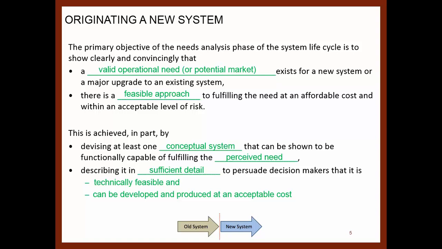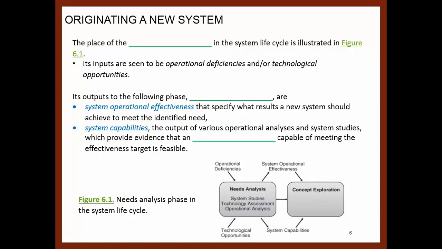You're trying to convince your customer or your boss or the person who's trying to fund this idea that this is something that you can create. There's technology, you have the knowledge to create this. And you can create this at the acceptable cost. And that could be any figure depending on the application that you're looking at. So in that way, you can persuade them to buy into your system.